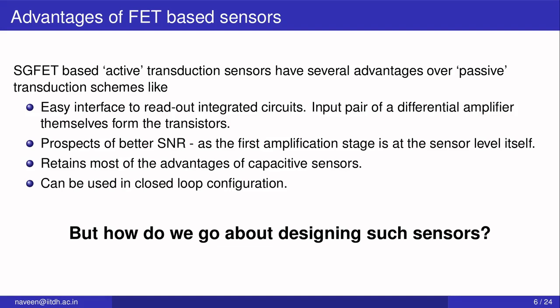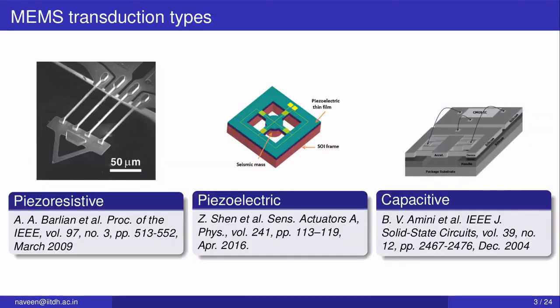So if I can just go back a bit here, if you look at this, most of the conventional passive transduction schemes, how they are done is that the CMOS IC is fabricated separately from the MEMS components, and these are then wire bonded together to connect them up.